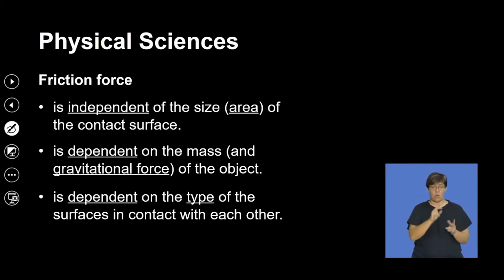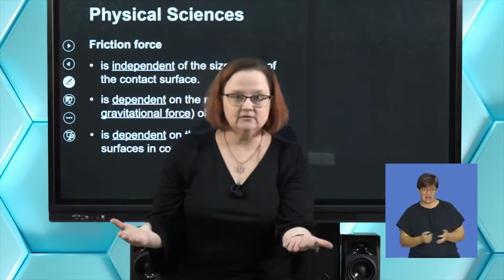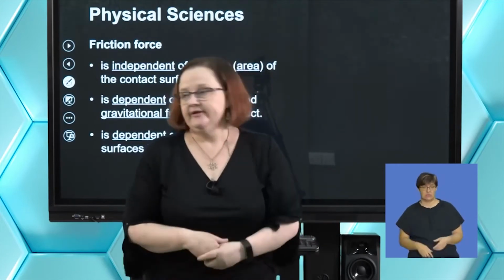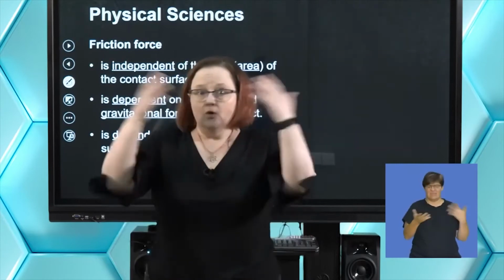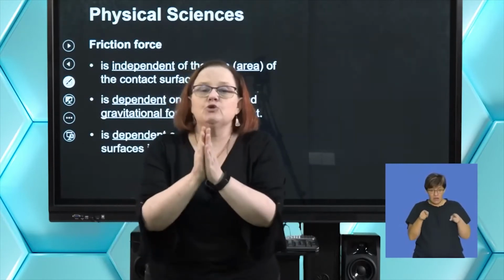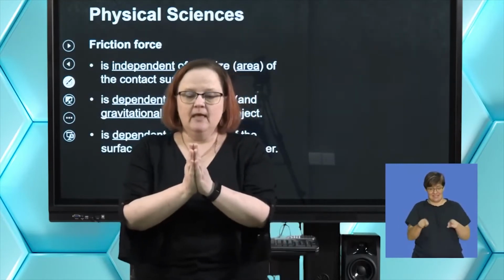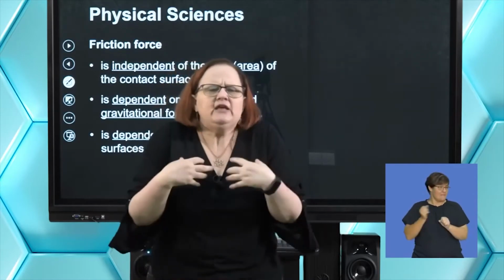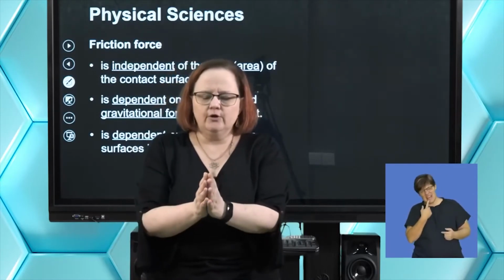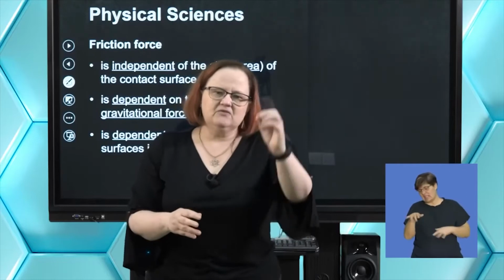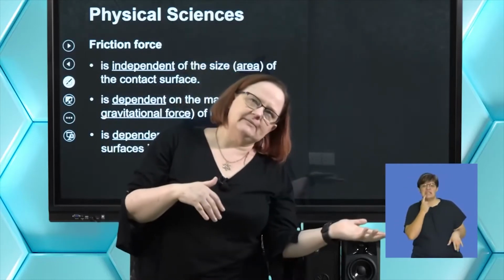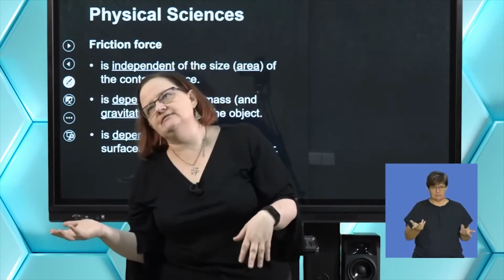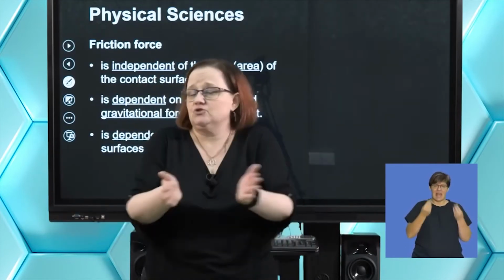Whether we have wood on metal, wood on wood, wood on plastic, metal on plastic, whatever, the two surfaces are important. And we can't affect that. So we can't say that if I have wood on plastic, one time it's going to be easy, next time it's not going to be easy. No, wood on plastic has a certain friction.